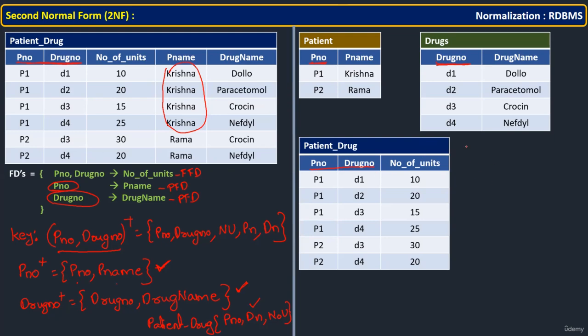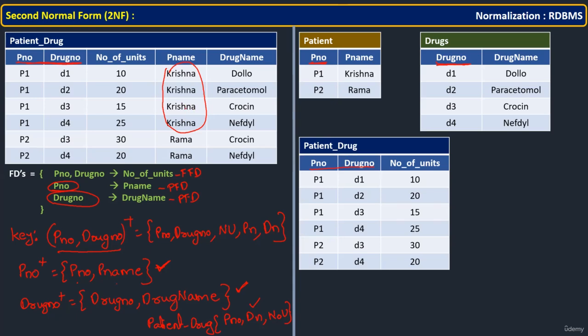So if a part of the primary key, that means a prime attribute, is deriving some other non-key attributes, it's better to decompose, it's better to divide the table so that you can reduce the duplicate values.